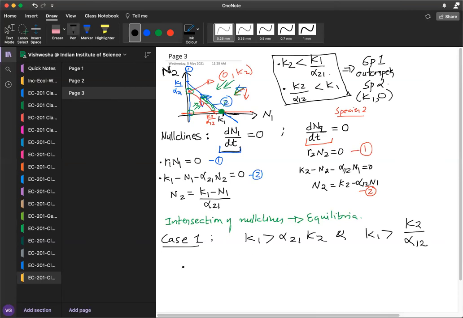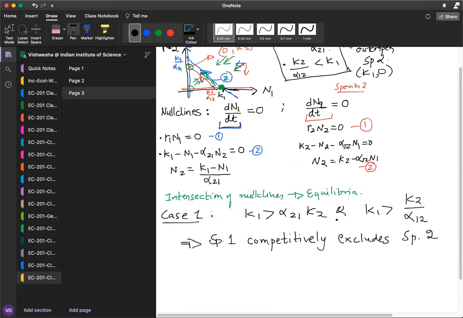Under this condition, what happens? Species 1 competitively excludes species 2.